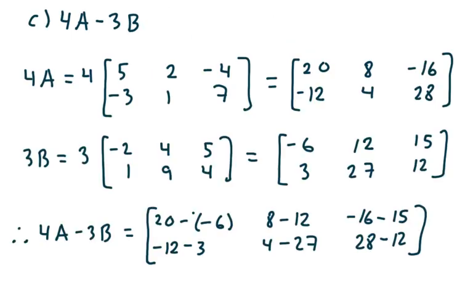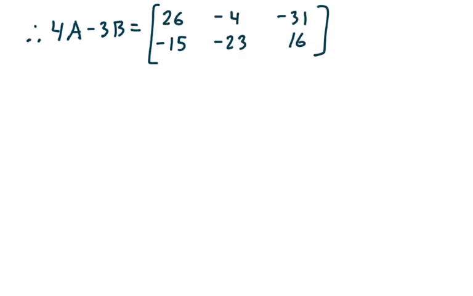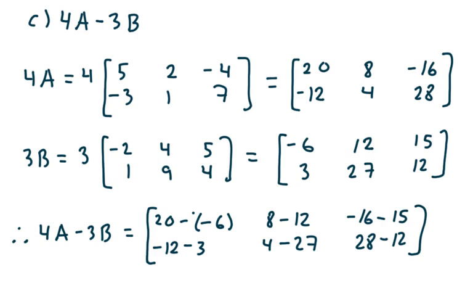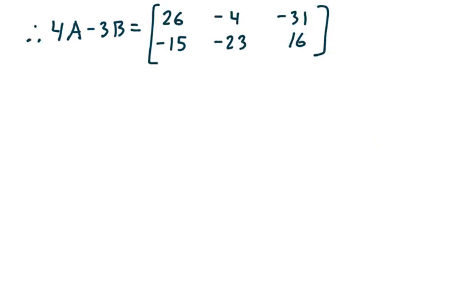And we could double check, right? Negative 12 minus 3 is negative 15. And then 4 minus 27 is negative 23. And then 28 minus 12 is 16. And that's precisely what we get there.